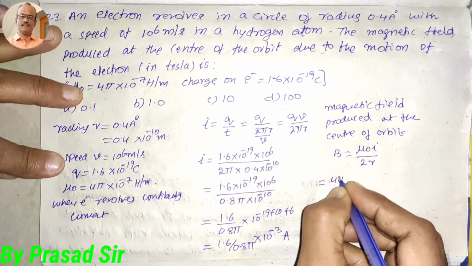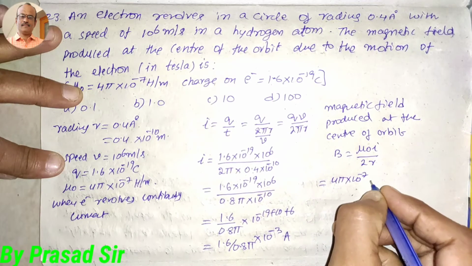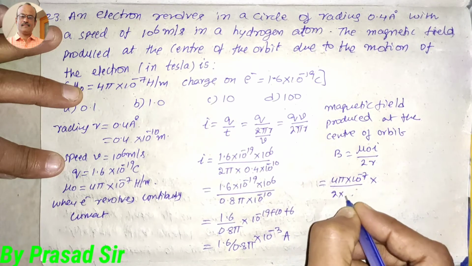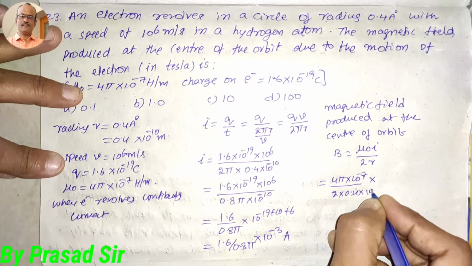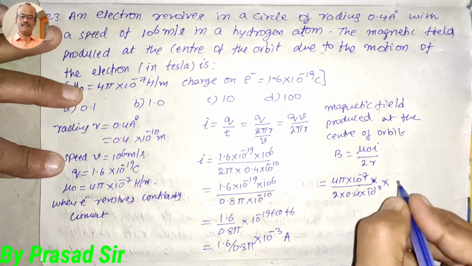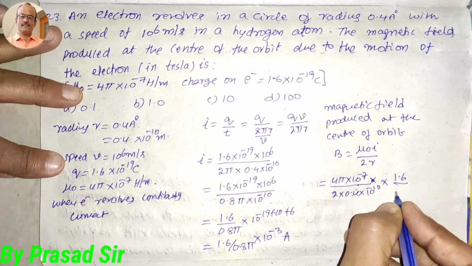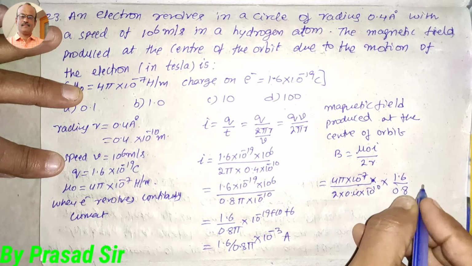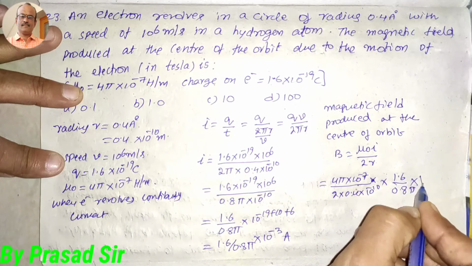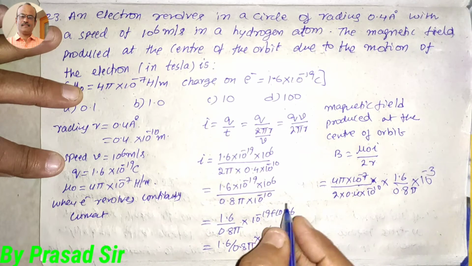So mu naught means 4 pi into 10 to the power of minus 7, divided by 2 into 0.4 into 10 to the power of minus 10, into current 1.6 divided by 0.8 pi into 10 to the power of minus 3.